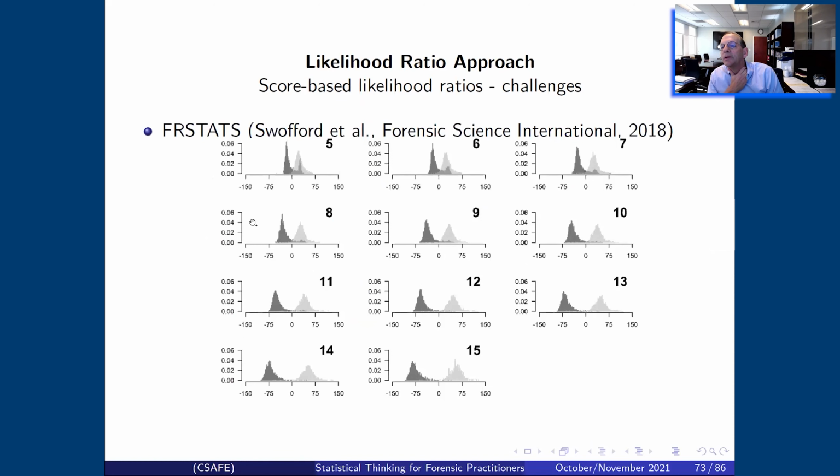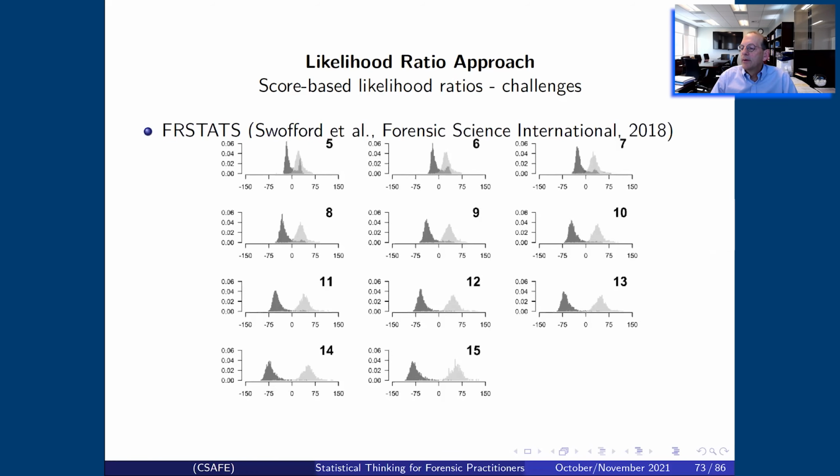He's got a similarity score. The light shade are same source pairs, and the dark are different source pairs. And I've done it separately for sets of images with different numbers of minutiae marked.